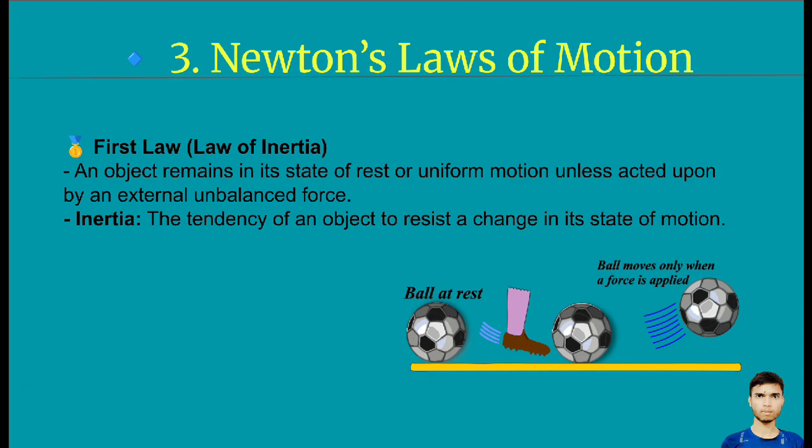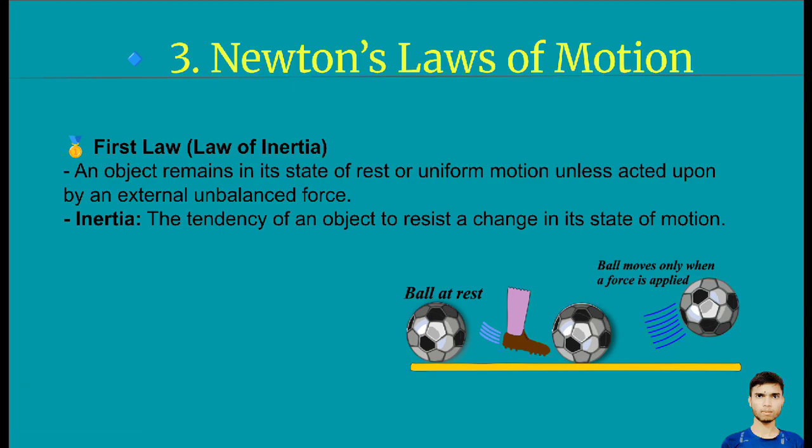And if we apply an external force, then something will change. An object which was at rest will come into motion. An object which was in uniform motion will come into accelerated motion. So this was the definition, Newton's first law of motion. Now next is inertia.